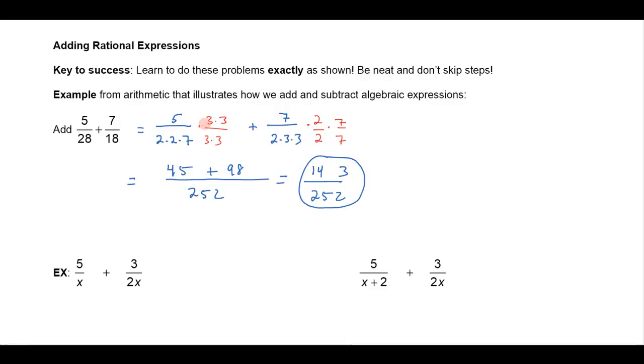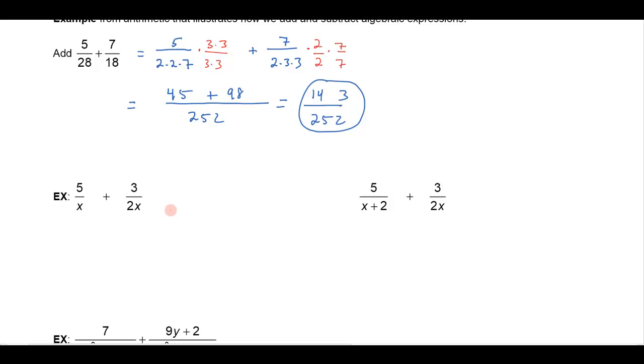Okay? Well, again, that illustrates the process that we want to do when we add algebraic fractions. Okay, so here I've got 5 over x plus 3 over 2x, and you want to look at these factors that you have in the denominator, and what you'll notice is that this denominator has just an x, this denominator has an x as well, but it has a 2, so I need to multiply this fraction by 2 over 2, and now I have a common denominator, and I can just put those together.